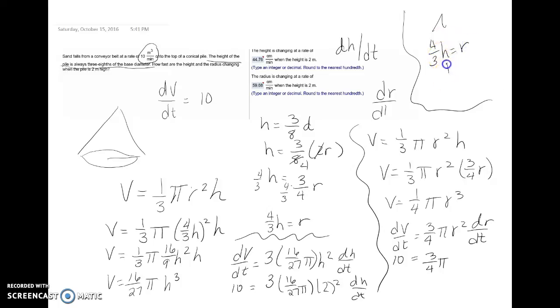So we would plug 2 in for h there. So we'd have 8/3 equals r. So we'd have (8/3) squared dr/dt. And again, from there, you would divide both sides, you would solve for dr/dt.